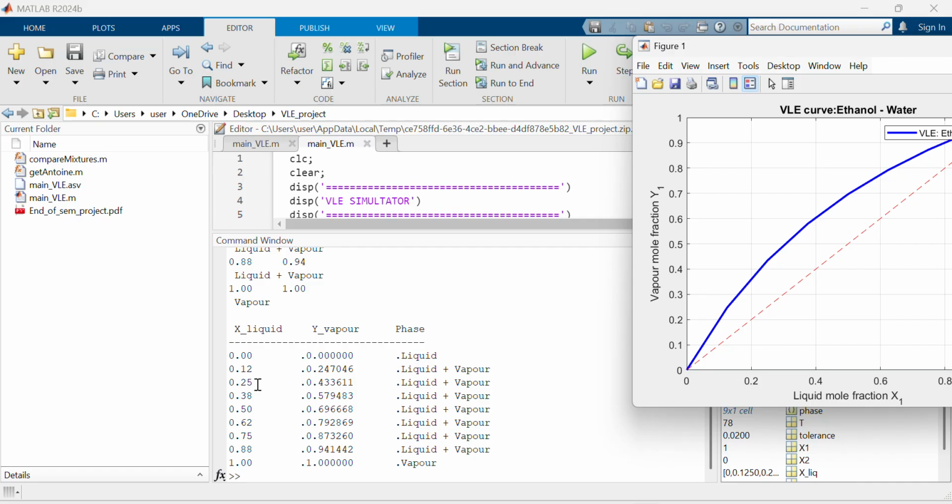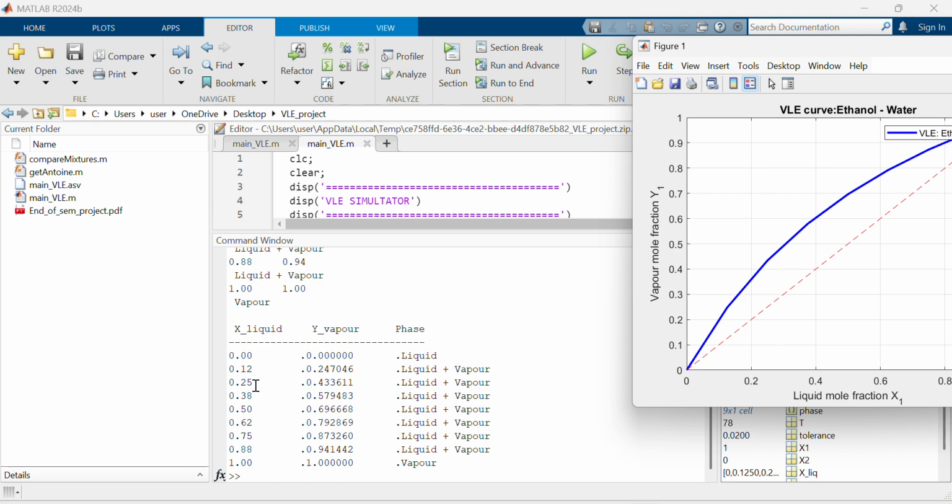Now, what happens if we involve ethanol in our mixture? So, assuming our mixture contains 12% of ethanol and the remaining 88% of water, we will have 25% of our vapor being ethanol. Now, when we compare these two numbers, we can see that the vapor component is higher than the liquid.